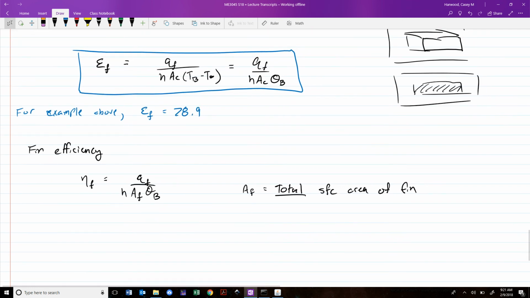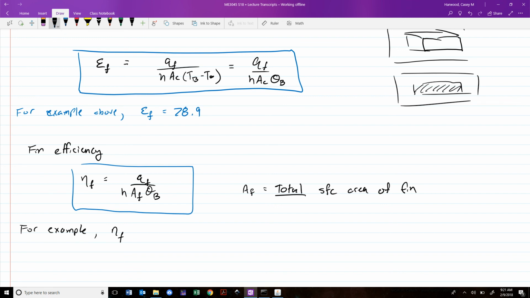So in the current case, for the example above, our fin efficiency, sorry, did I say effectiveness again? So this is the fin efficiency, is equal to 60%, or 0.6, saying that it is 60% as efficient as a fin made of perfectly conductive material.